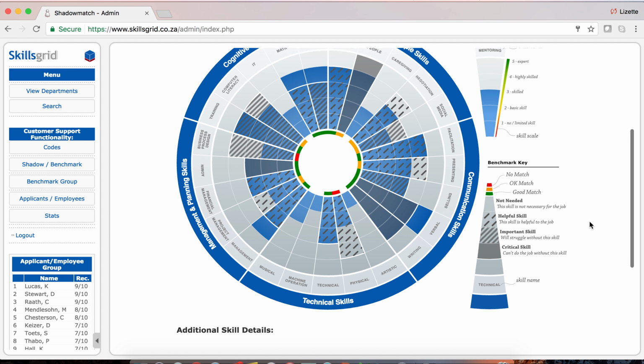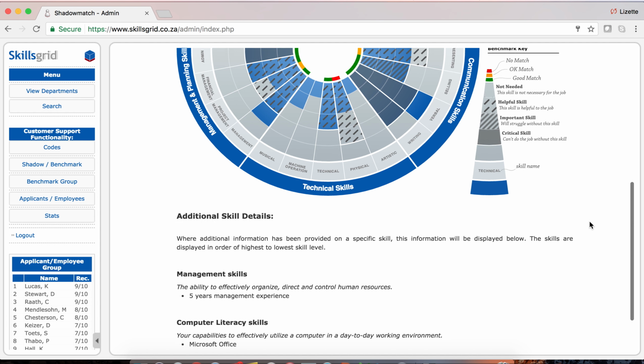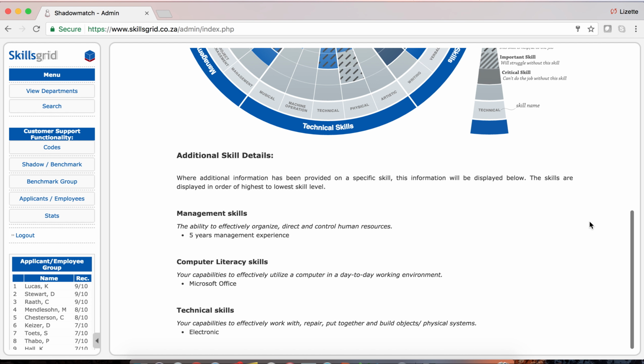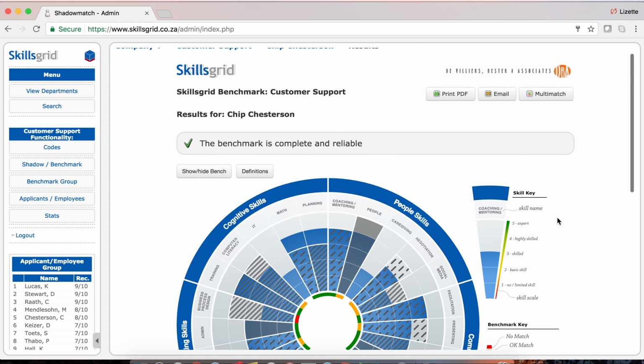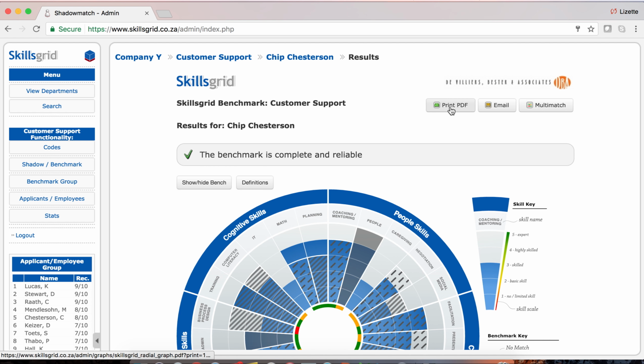If we scroll down on this page, we can see all the additional information that Chip captured when completing his skills questions. You will recall that some of the questions require more information or a little bit more detail. That gets captured by the individual and will populate at the bottom of this page when we look at Chip's result compared to the benchmark. I can now, with Chip's result, decide to print a PDF document or to email this result to Chip or to someone else.